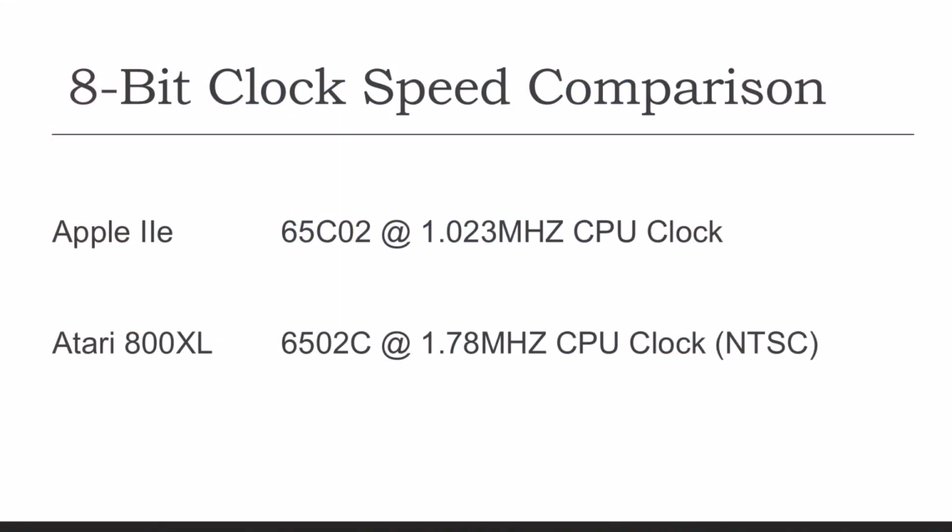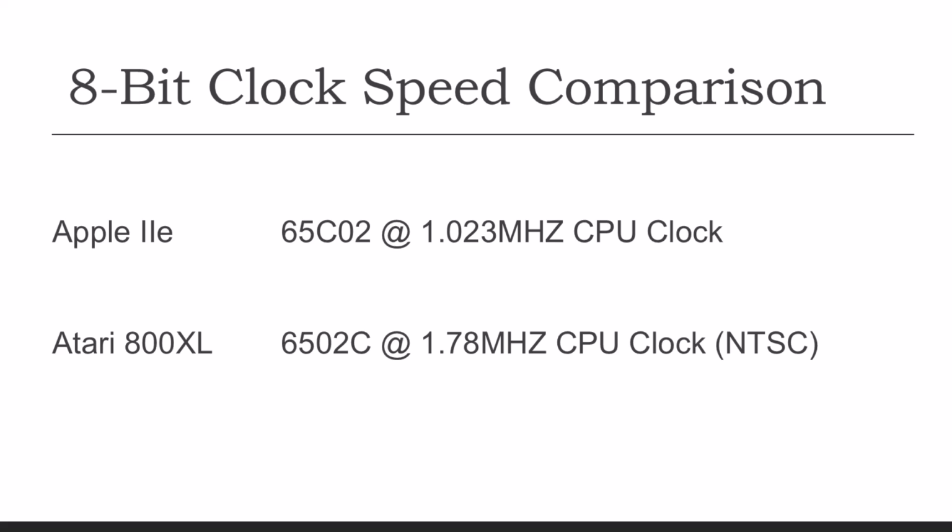Before we analyze the numbers, let's compare the base clock speed of our two contenders. The Apple IIe has a clock speed of 1.023 MHz, whereas the Atari 800 has a clock speed of 1.78. So naively, one may expect a 74% improvement in performance running the identical task.